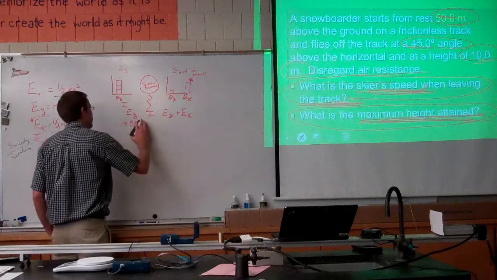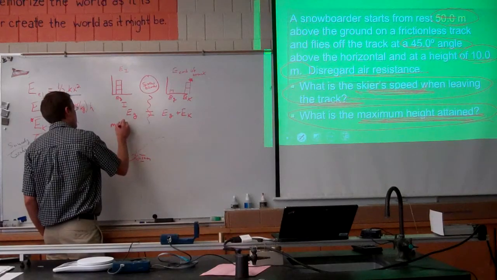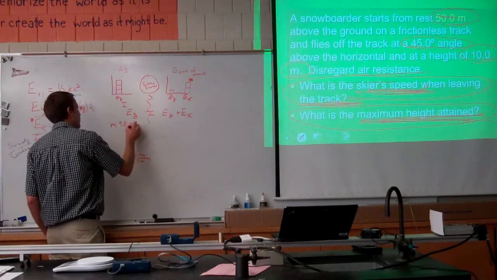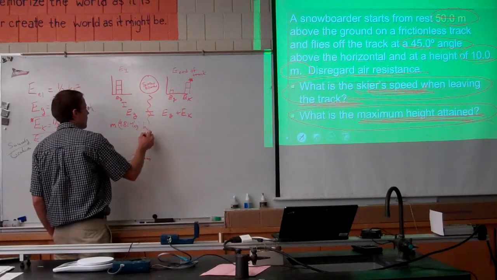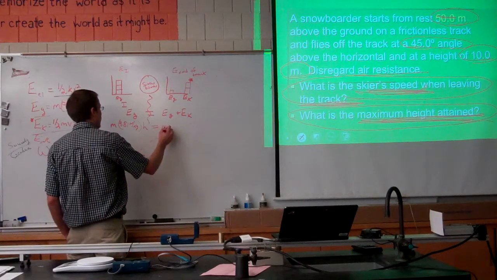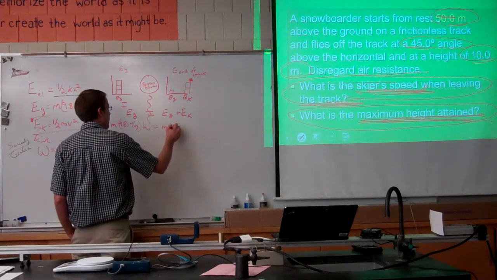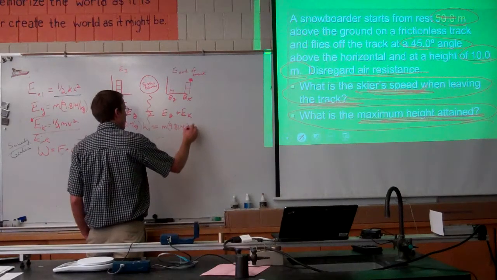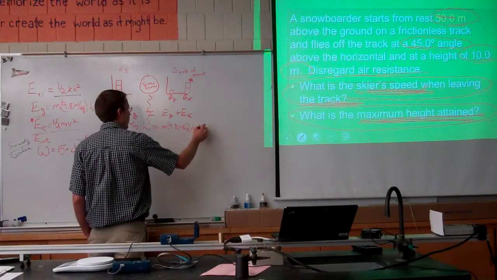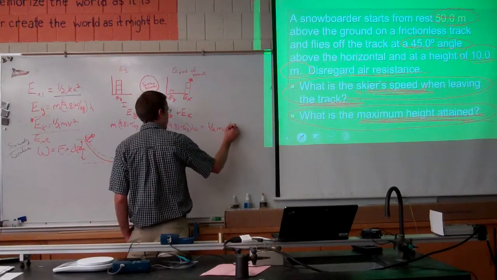Let me start over. M times 9.81 newtons per kilogram times our height, which we'll call height 1, equals M times 9.81 newtons per kilogram times our height 2, plus 1/2 mv squared.